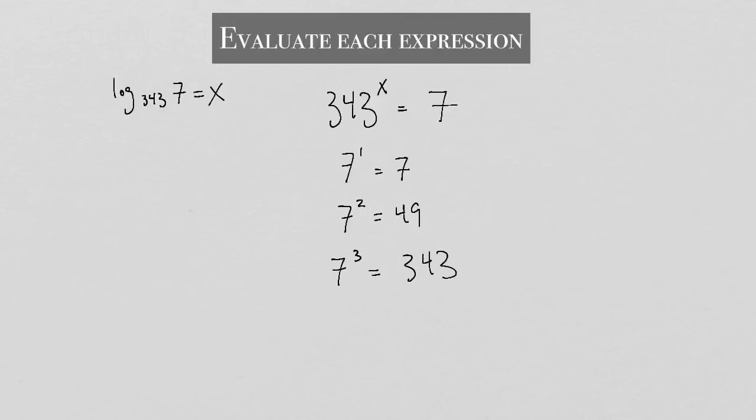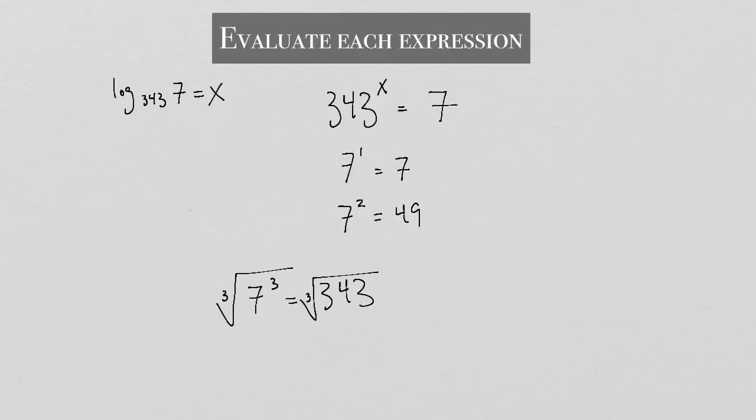So that means that the cube root of 7 cubed equals the cube root of 343. So that means 7 equals the cube root of 343. And that means 7 equals 343 to the 1/3 power. Right? I could take this cube root and write it as a fractional exponent.